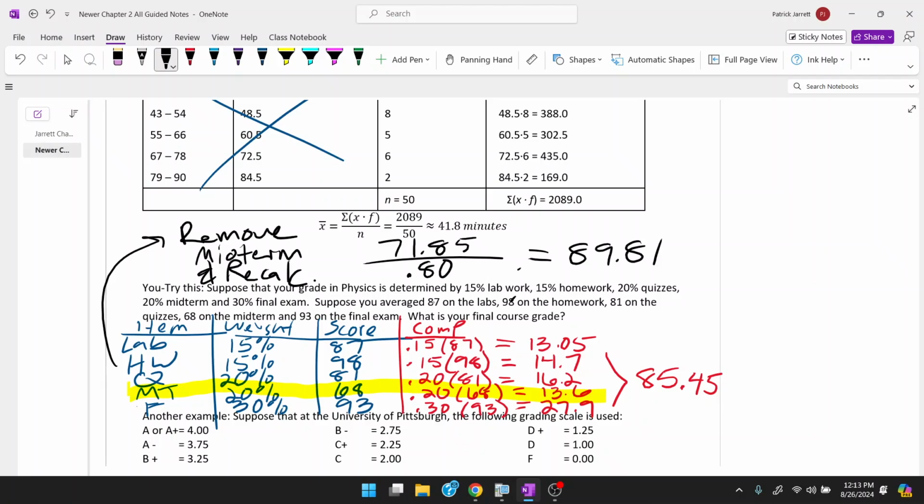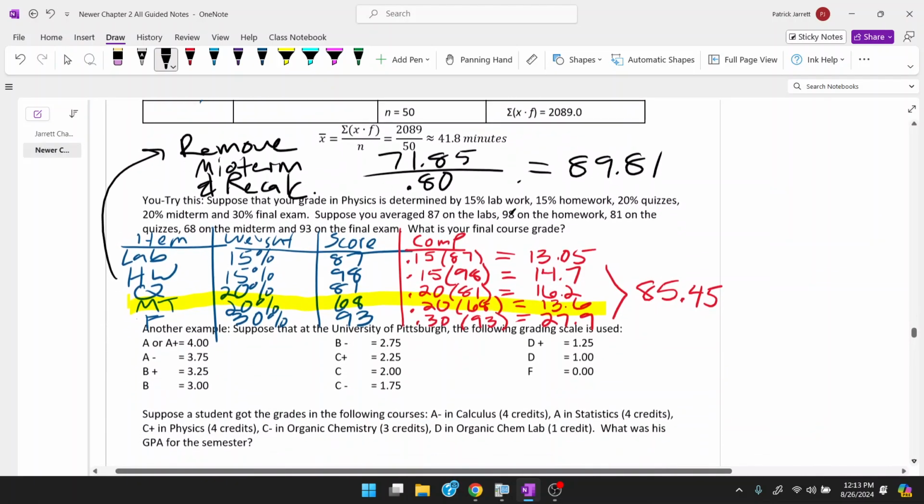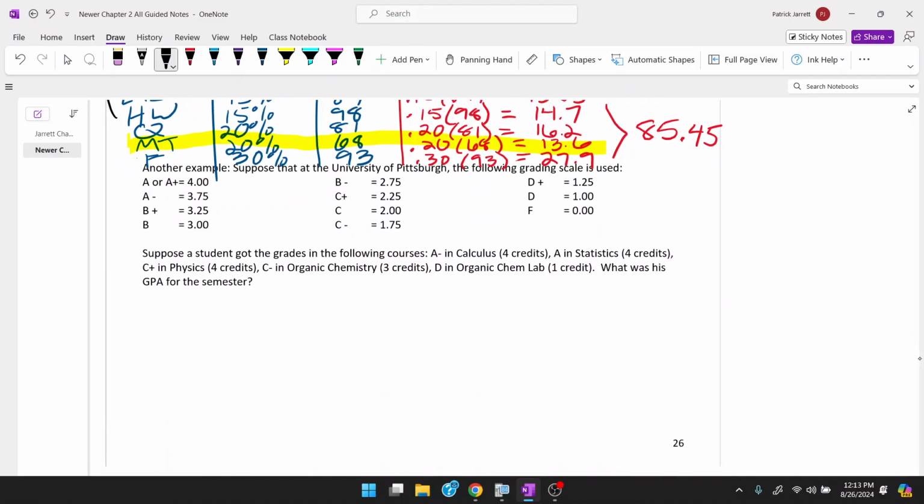Now, how do we calculate your grade average? Well, believe it or not, it's actually real easy to do. And it's even easier for you because we don't have plus minus grades here. Plus minus grades you can argue for, but it also depends on the number of credits. How many credits is this course? This is 4 credits.